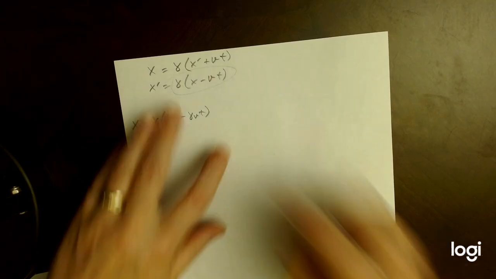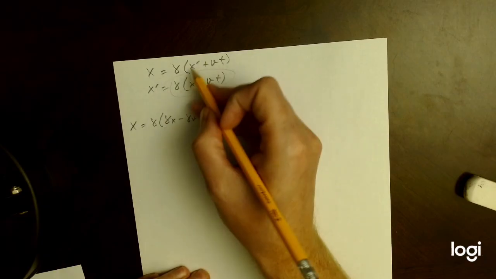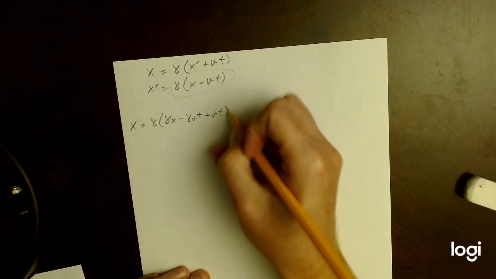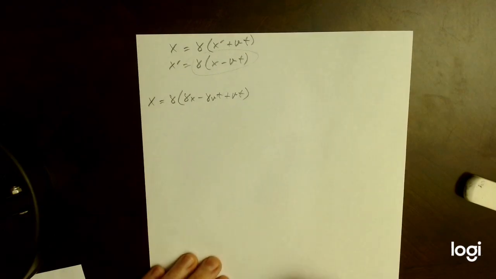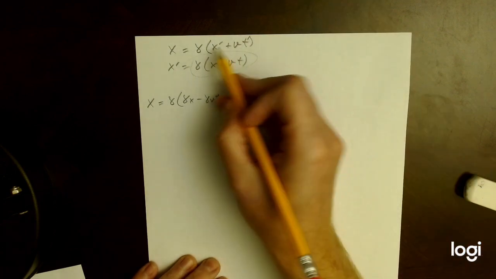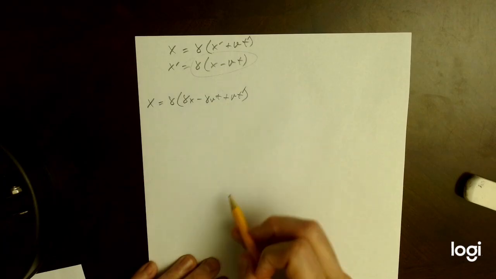Oh, sorry, I don't want to close that parenthesis quite yet, because that is just my x prime, and then I have a plus vt prime there. Wait, sorry, this is primed, that's primed. Yes. Make sure to get your primes and your not primes correct.